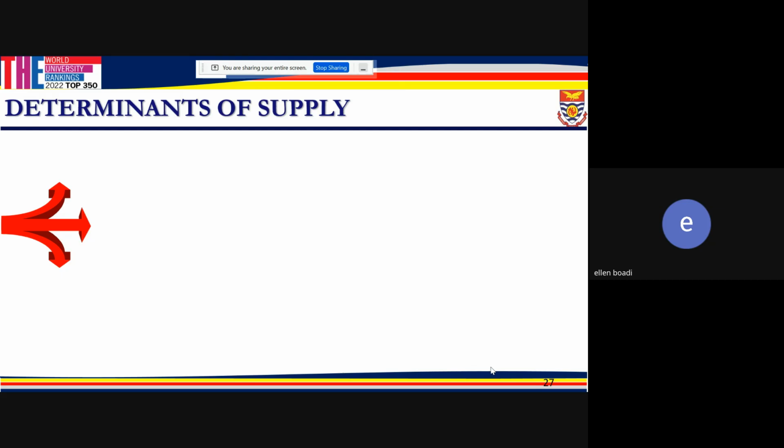Then again, we'll look at the difference between change in supply and change in quantity supplied. We'll look at these differences when we meet in the afternoon. If you have any questions on what we've discussed so far with regards to demand and supply, please ask before we end this morning's session.